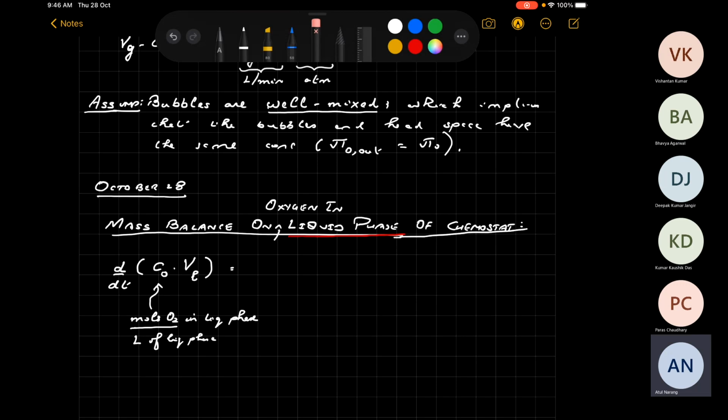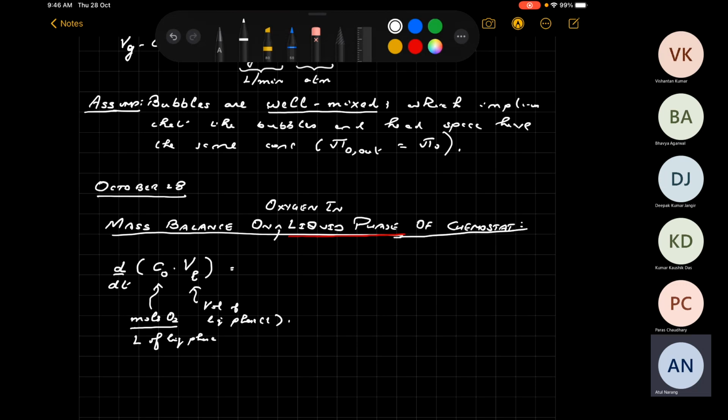Perhaps that's a better way to put it. And this is, of course, the total volume of the liquid phase, in liters.